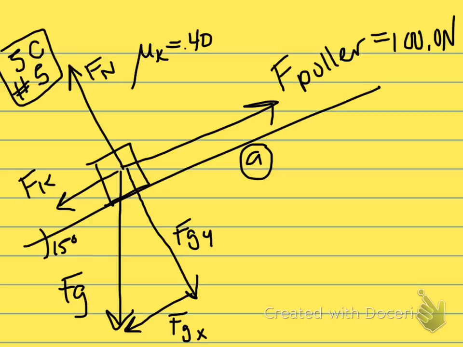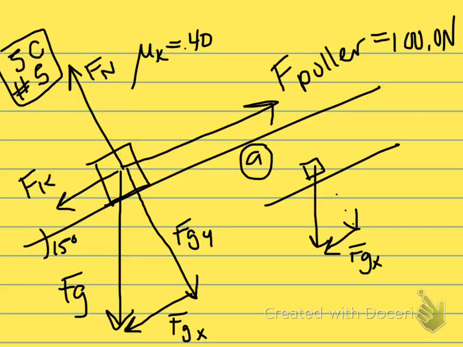So for part A, we're asked about gravity. It's perfectly valid to redraw this with nothing but gravity and look at F of gx and think about what work that's doing. So the work done by gravity is going to be equal to the force of gravity on the x, cosine theta, which is the theta between the force doing the work and the motion of the object, which is 180.